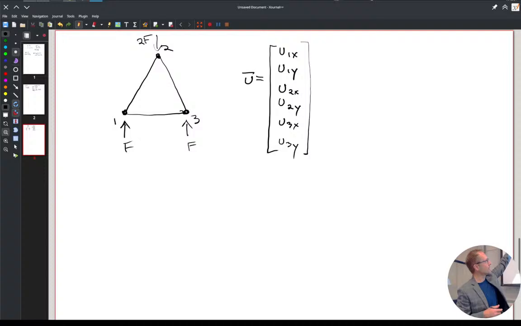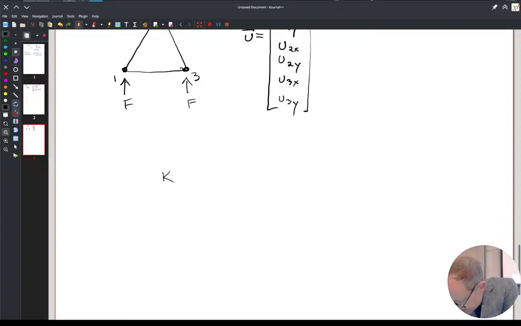I can compress everything, keeping 1 and 3 in one spot and bringing 2 down, or I could keep 2 in one spot and bring 1 and 3 up. I don't have anything constraining this thing. Rigid body motion has an infinite number of translations that would still solve this problem.